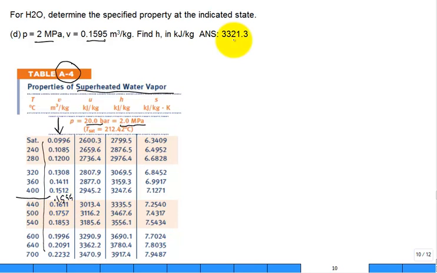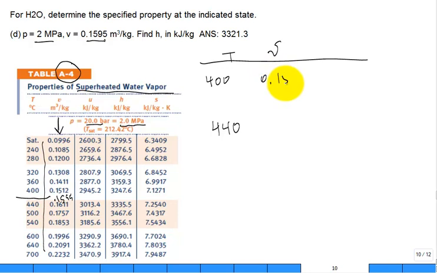So what I do is I construct a little mini table. Maybe I even put temperature and say I'm grabbing off the line of 400 and I'm grabbing off the line of 440, and I have the specific volume at 400, 0.1512, and the specific volume at 440, 0.1611, and I'm looking for enthalpy.